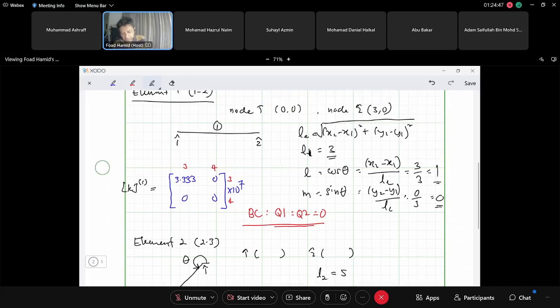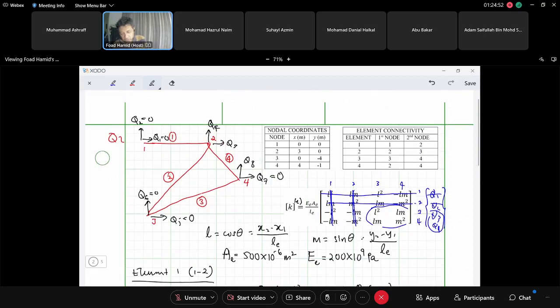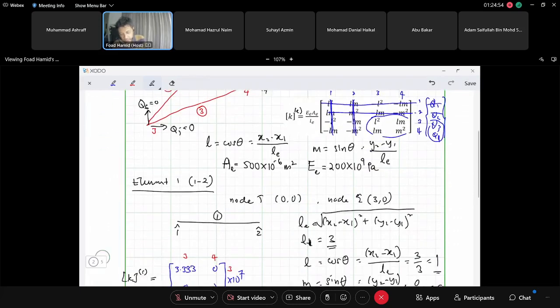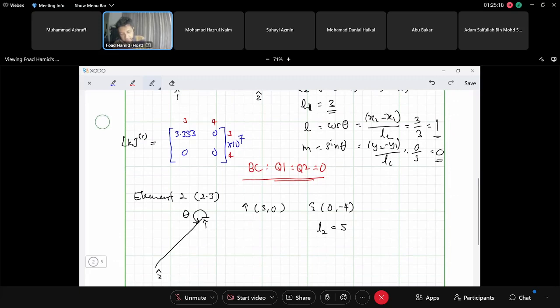The coordinates now are node 2 and node 3 coordinates, which are 3 and 0, and 0 and minus 4. So L2 is 5.